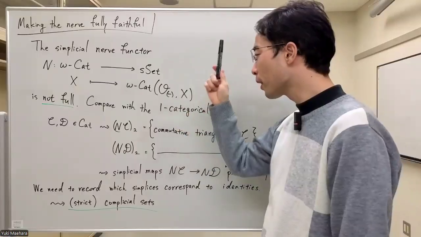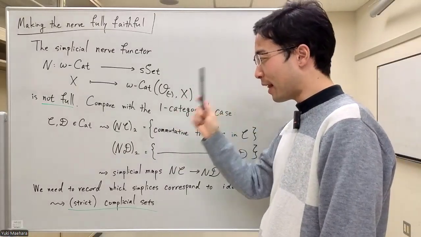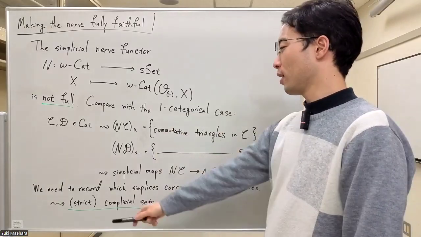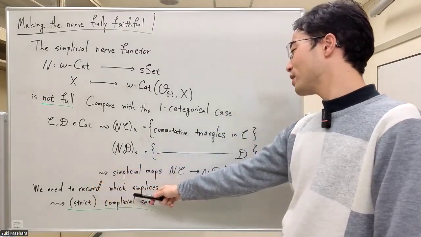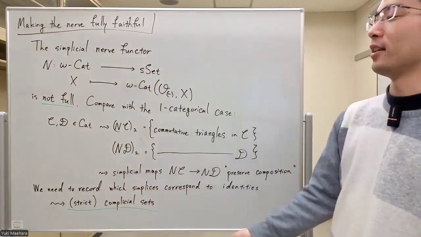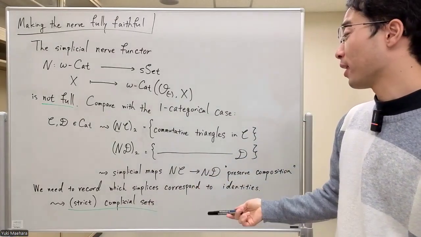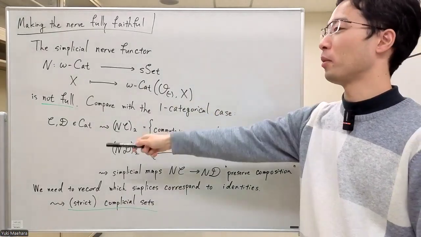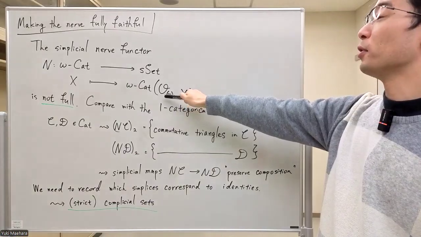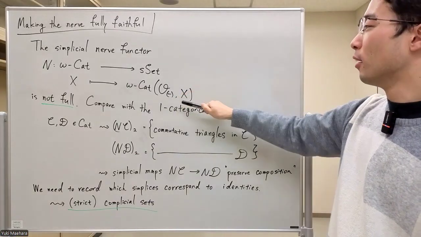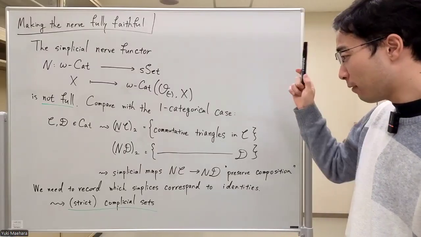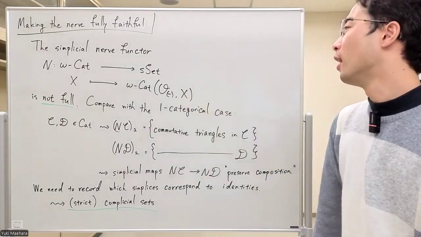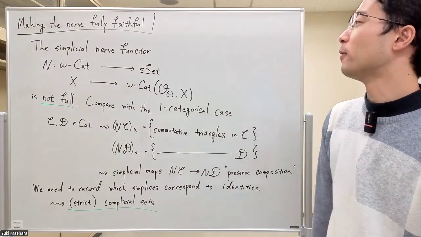If you want to make that full, somehow that is the only kind of obstruction. In other words, if you just remember which of those simplices correspond to the identities in your omega category, meaning that the corresponding omega functor out of the Oriental into your omega category sends the unique generating n-cell in On to the identity in X, you get something that is fully faithful.